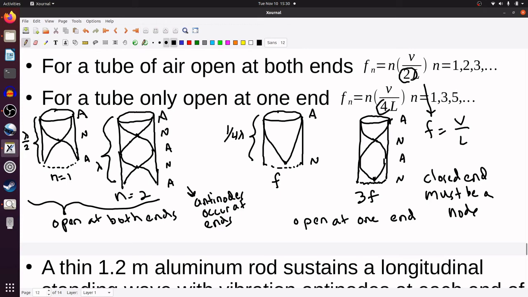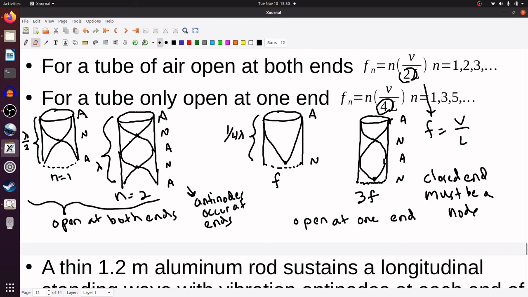And if we go to the third frequency, 3F, I'll talk about that in a second, but in order to get to the second antinode, it's always going to be a little oddly shaped, because we started at a node, and so it's always going to occur in terms of odd integers.